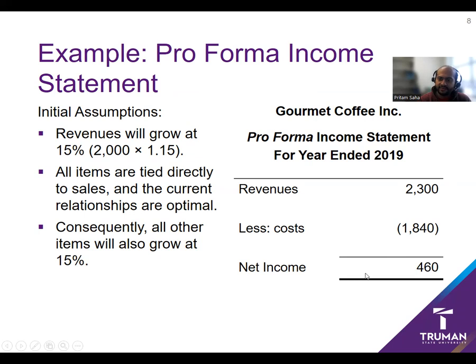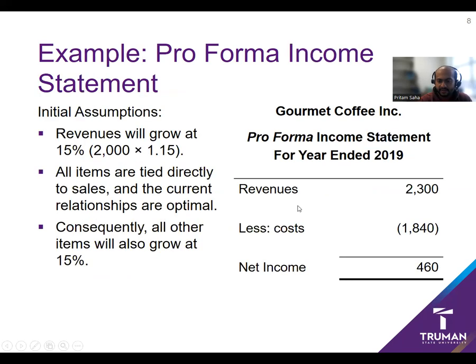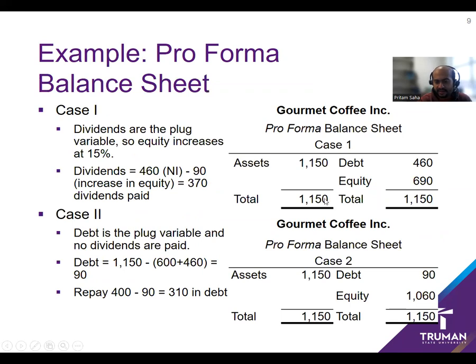So if sales go up by 15%, our new sales value should be 2,300 and our new net income should be 460, which is 20% of new sales. All items are tied directly to sales, which means all items will grow accordingly. The new asset is 50% of sales: new sales 2,300, 50% of 2,300 is 1,150.